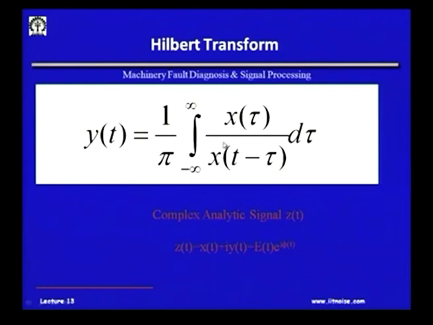We generate an analytical signal z(t), which is the original signal x(t) plus the imaginary part, which is the Hilbert transform of this signal x(t).